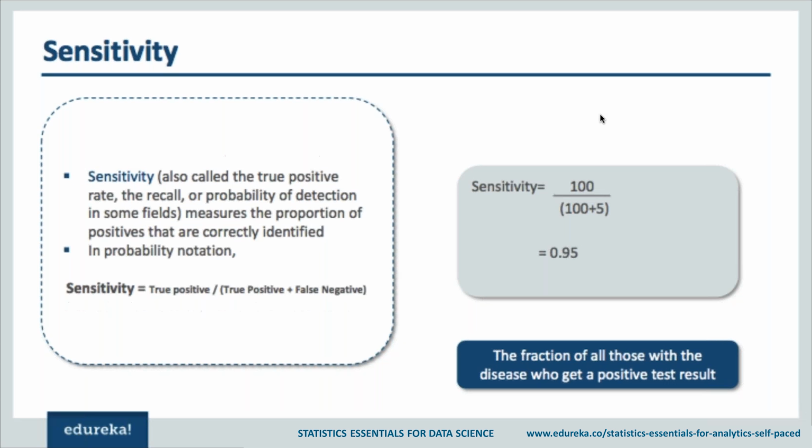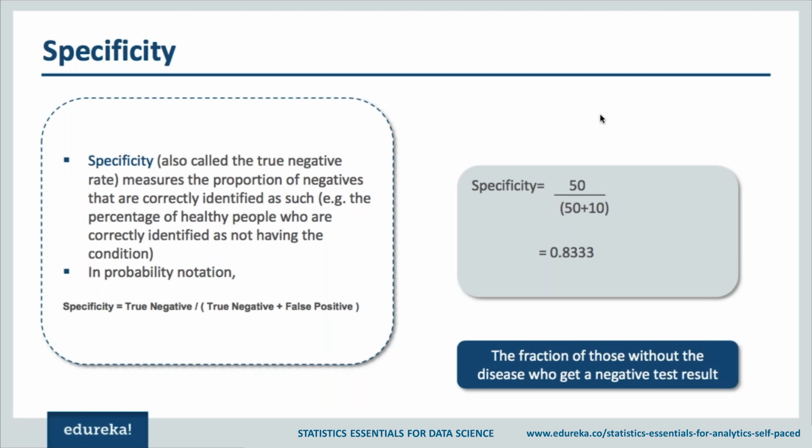That gives you the fraction of all those with the disease who get a positive result. Similarly, specificity gives information about the true negatives, which is true negative divided by true negative plus false positive. It gives you the fraction of those without disease who get a negative result.